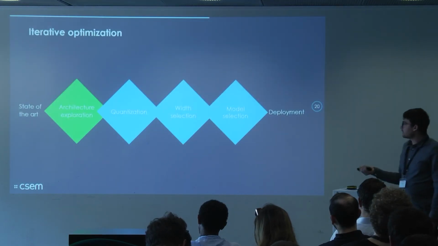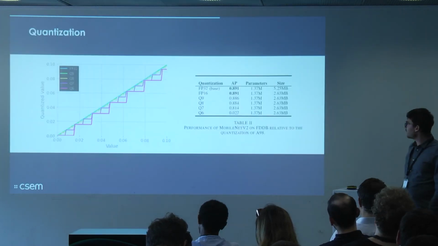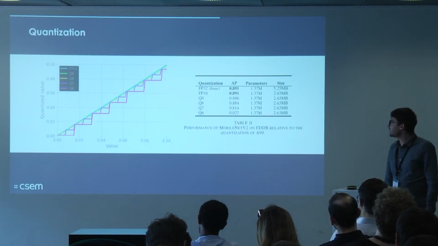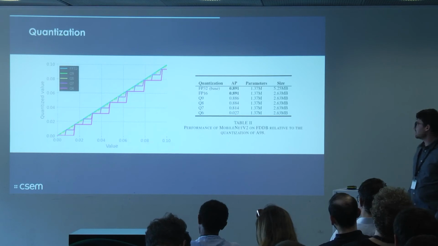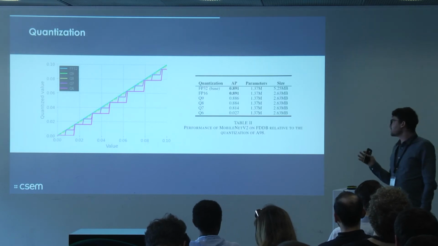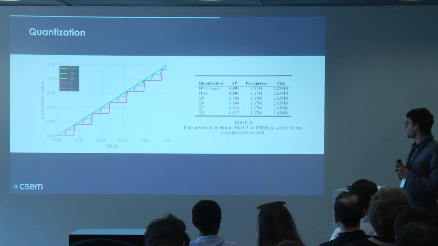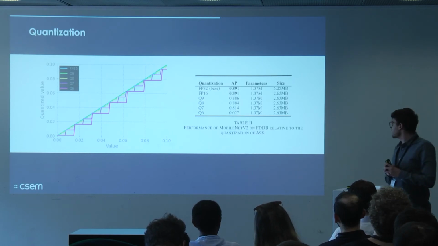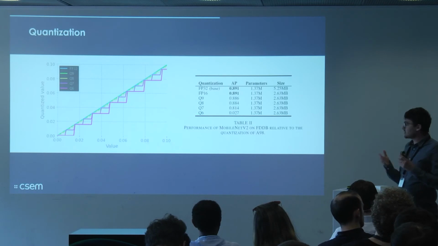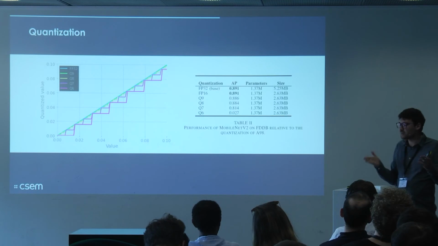Now that we have explored the architecture and selected where we want to cut the network, we can quantize it. In that case, I used the Q representation, as mentioned in the introduction. And here we can see that the accuracy is almost maintained until you use 7 bits of precision, because actually the range of the weights cannot be represented using only 7 bits of integers.